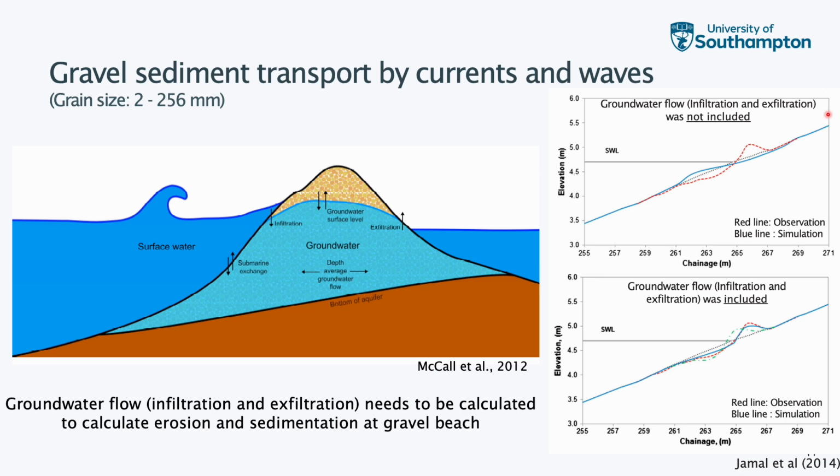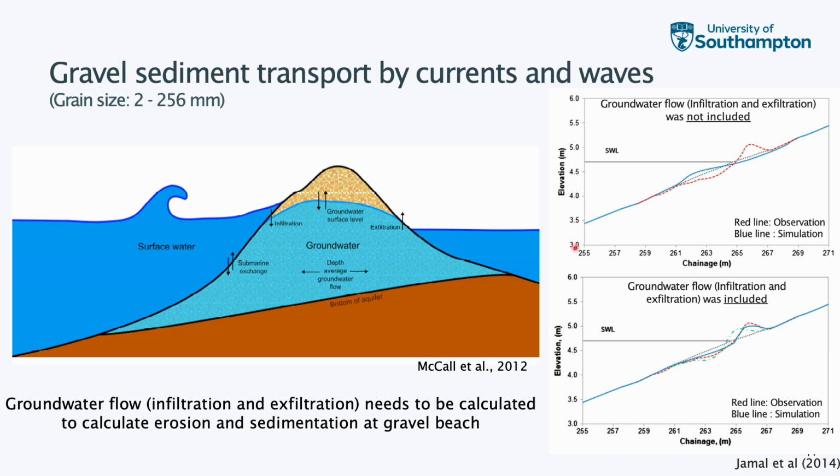The right figure shows the simulation results of erosion and sedimentation at a gravel beach induced by storm waves when the calculation of groundwater flow was not included and when it was included. When the calculation of groundwater flow was included, the final distribution of erosion and sedimentation at the gravel beach was consistent with observation results.